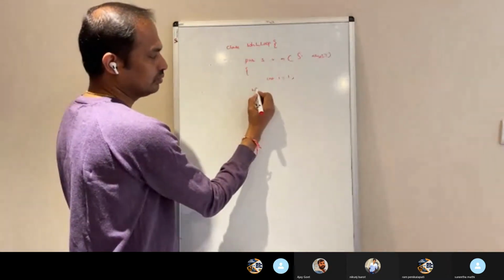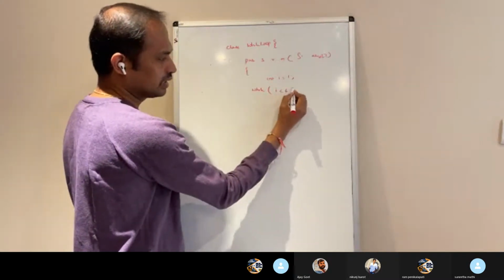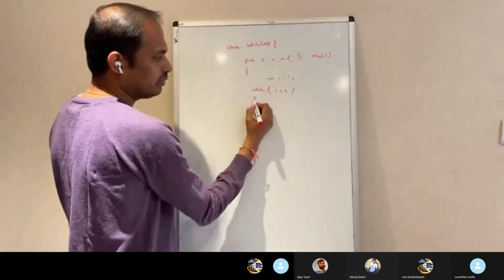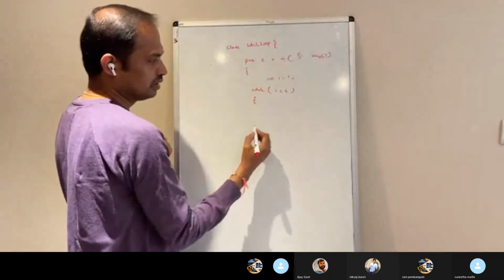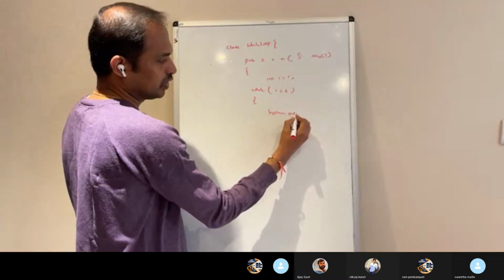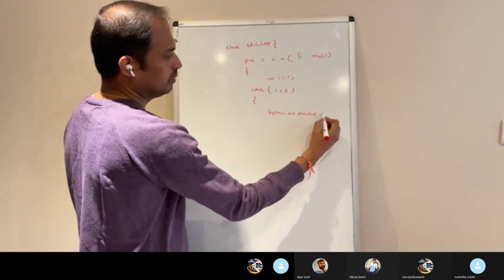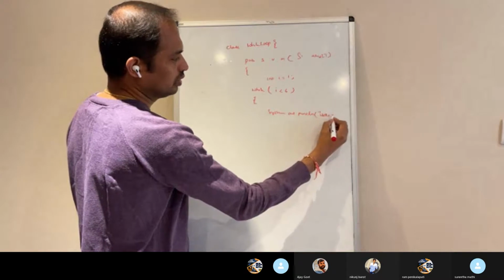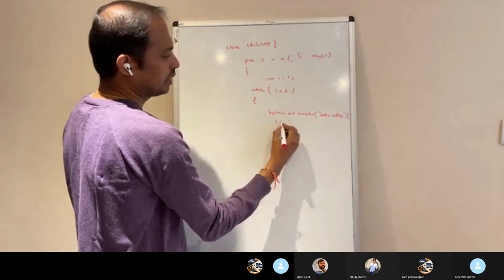So while, condition i less than 6, because I need to print hello world 5 times. While i less than 6, System.out.println hello world, then i plus plus.